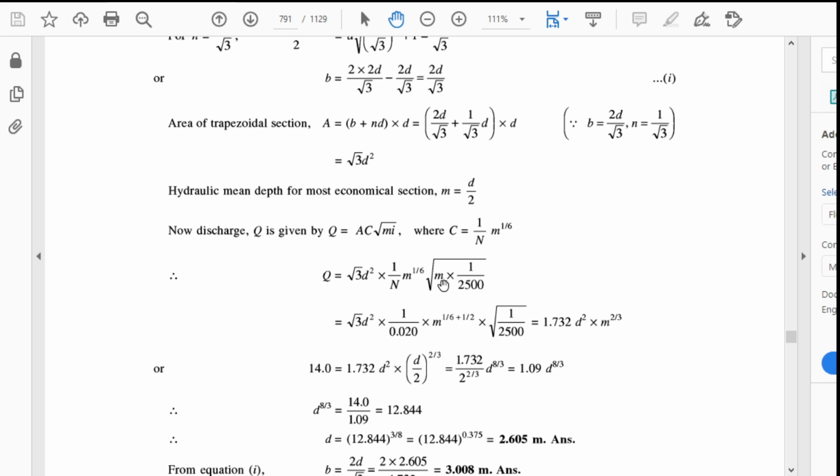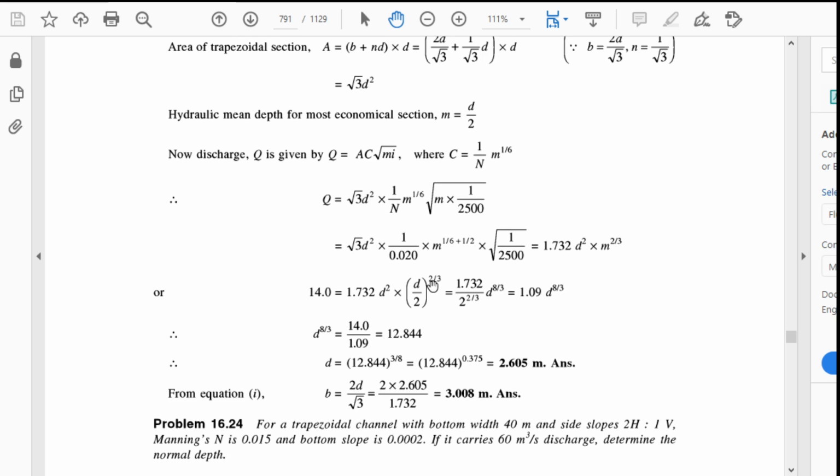Now this m is written as it is. Why? Because outside the square bracket there is also m. We can add the powers of both the m's. Add the powers of m's, you will get the value as 1.732 d square into m raised to 2 by 3.